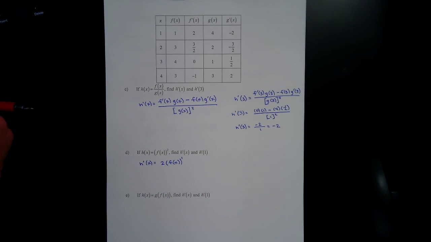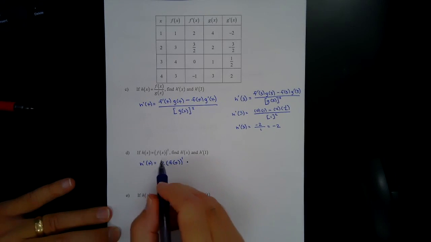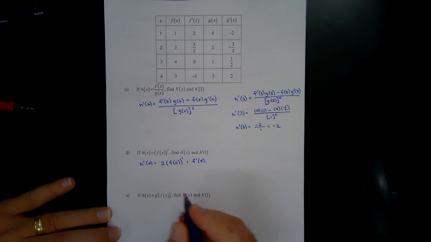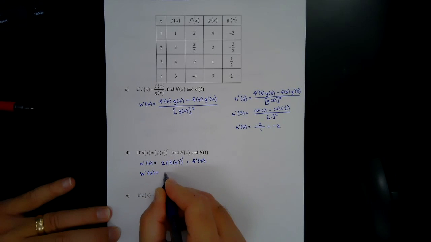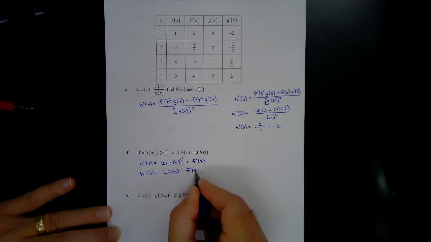So that's the derivative of this outside squaring function. And now what I need to do is multiply by the derivative of the inside, which would be f prime of x. So cleaning this up a little bit, this would be h prime of x is equal to 2 f of x times f prime of x.